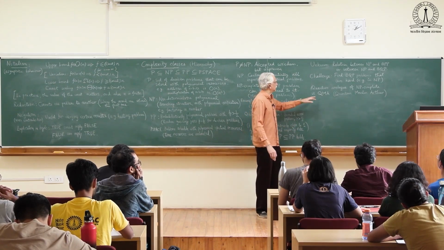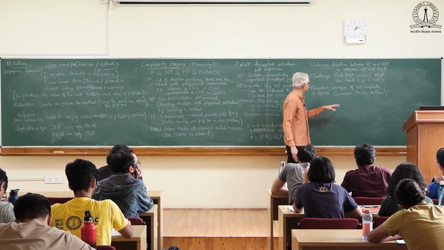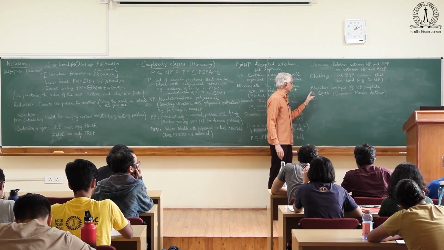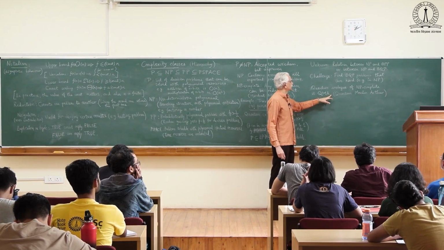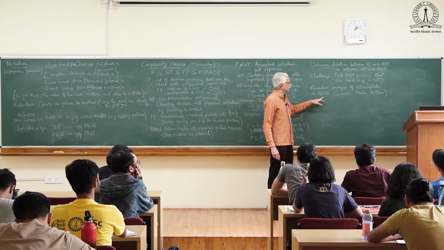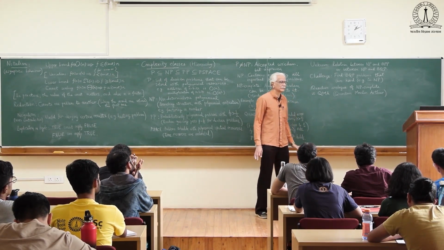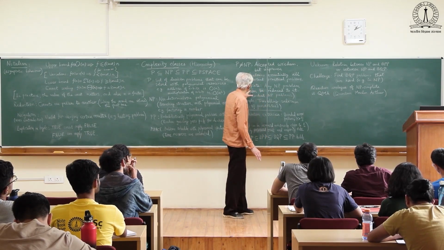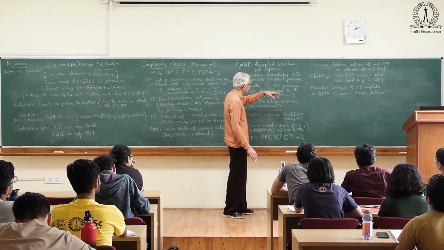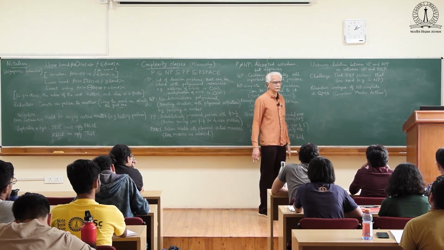Okay. But the point is that it is an analog of the NP complete version, which means if you solve this problem, you are able to solve all the quantum problems. The same way this was true here, that every quantum problem can be reduced to this.